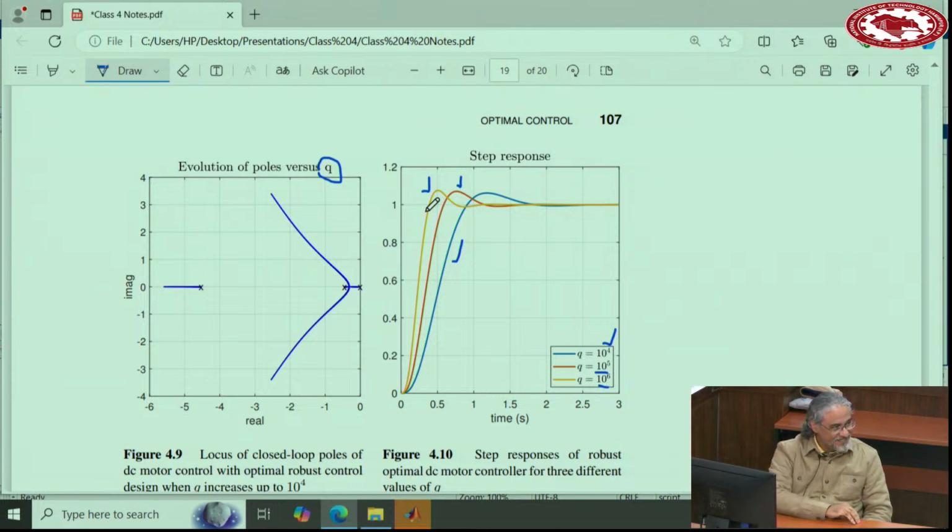If in the transfer function approach you try to speed up the system, the system starts oscillating more. But here, because we are really getting the best solution, that best solution minimizes all the oscillations. So we will get about 5 to 6% overshoot. And if you want to make the response faster, you just increase q.